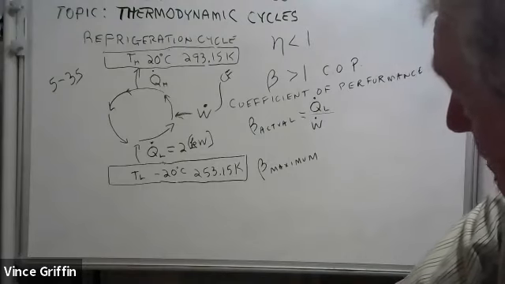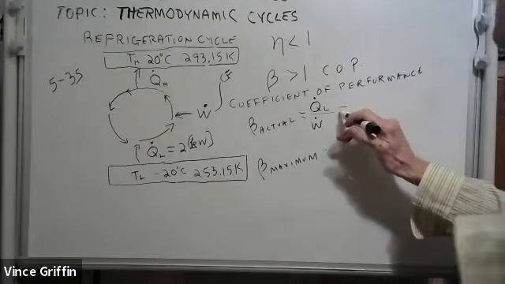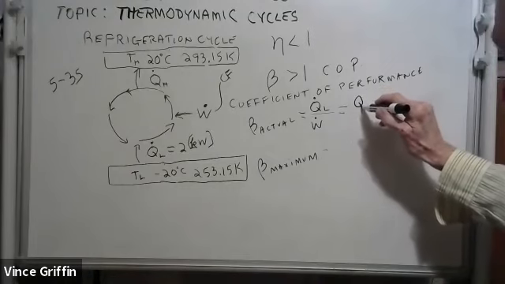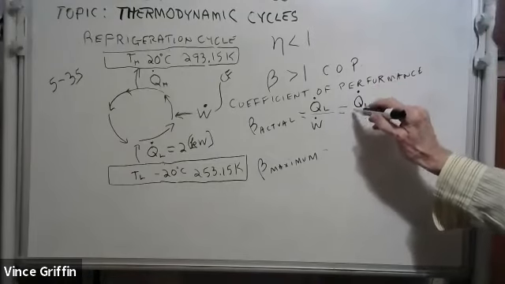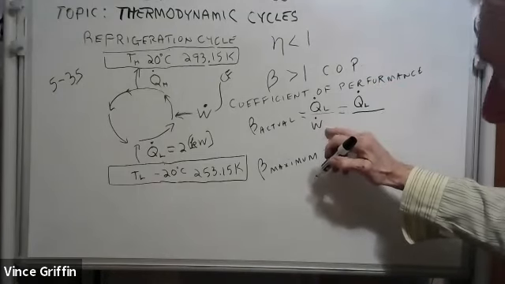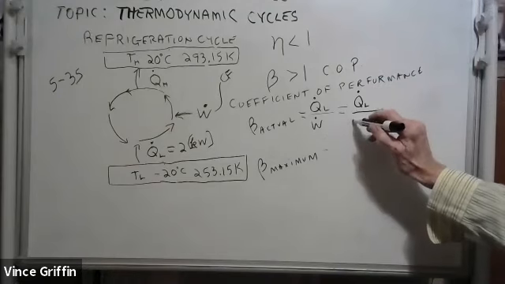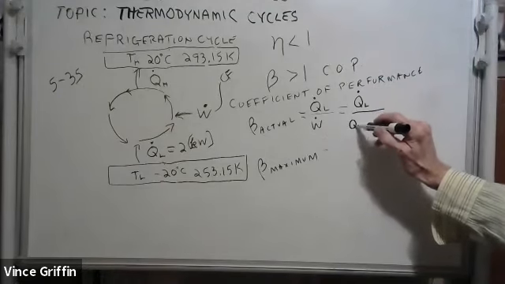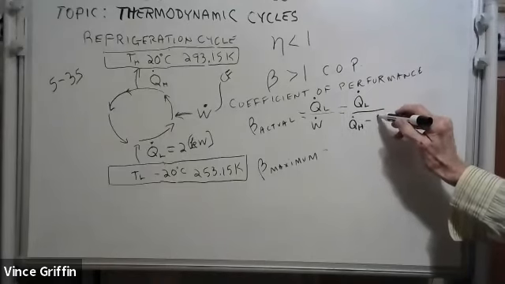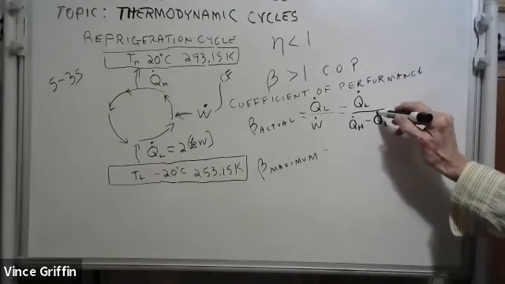Okay, and the maximum. Now, here's how I remember this. You can write this like this. According to the first law of thermodynamics, the amount of work done is equal to the algebraic sum of your heat transfers.